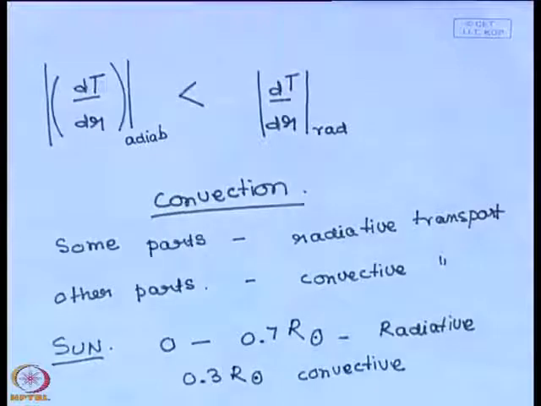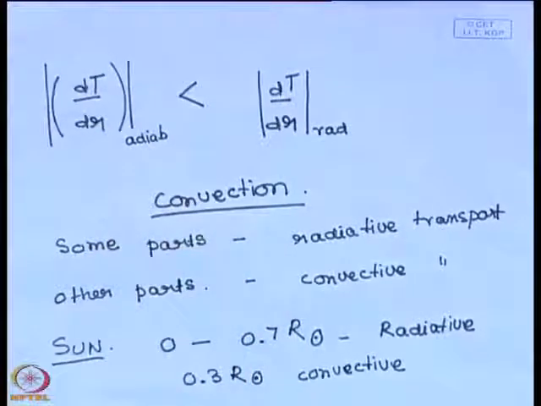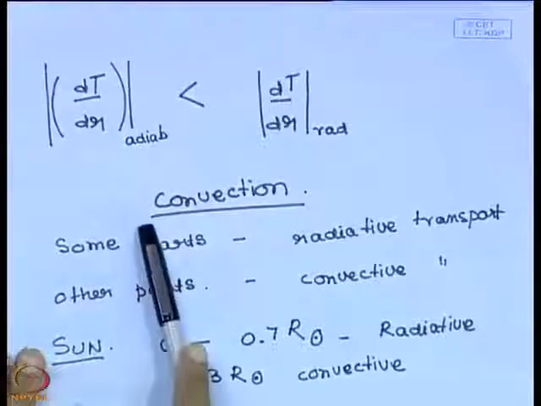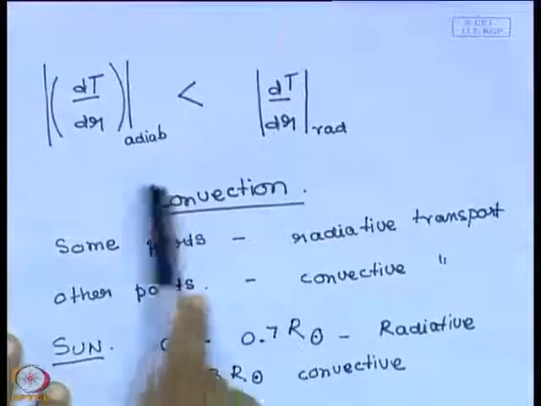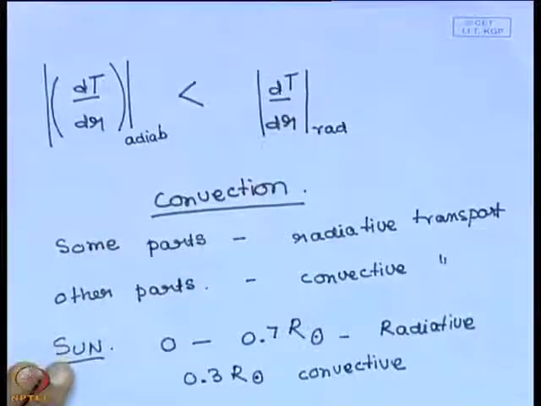Now, let us next calculate this. So, when convection occurs, the energy transport is through the motion of bubbles. Once this condition is satisfied, the energy transport is through the motion of these hot bubbles.